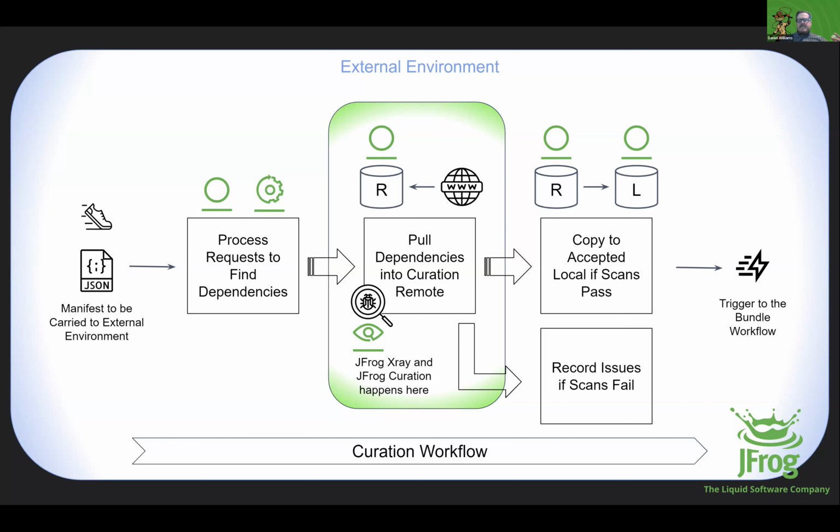But the steps that we have to go through: we have to take that manifest in, and we have to process that manifest to find all the dependencies. Because a lot of times, your Docker file or your Python package isn't just that one Docker image or that one Python package. It's going to have a number of dependencies of its own, and those dependencies may have dependencies. So you have to work through that process.